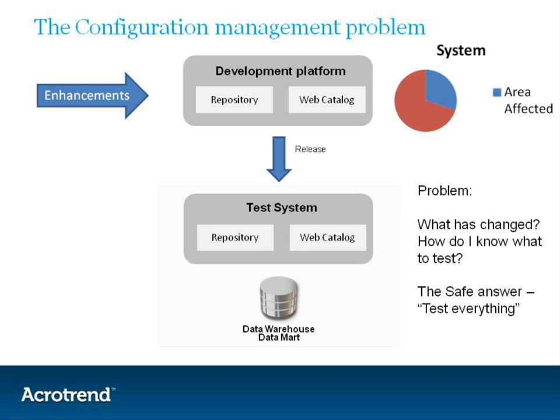So what we hear from clients is that the safe answer that they take is, we're going to test everything. We're going to do a complete regression test every time we put through changes.